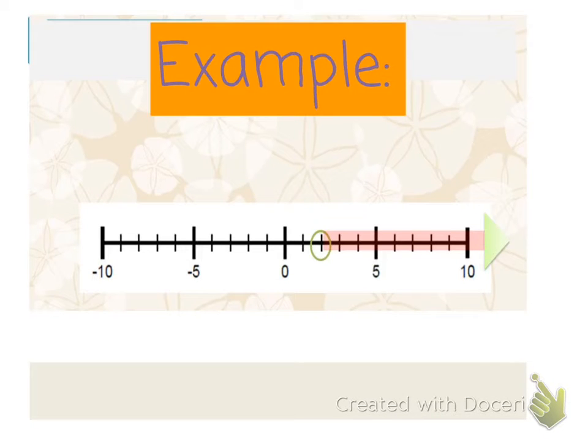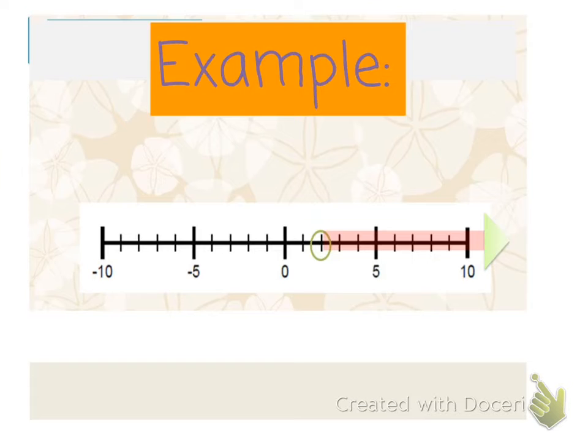So this is an example of a graph. It contains several pieces, okay? There is the number line part of it. Then you can see there is a circle right here on a particular number. What number is that circle on? 2. It's on the number 2. And notice that it is shaded to a side.